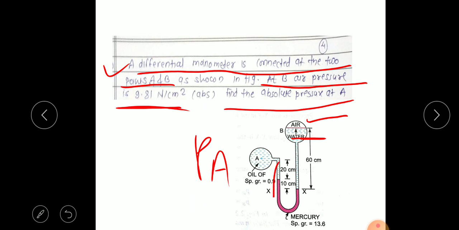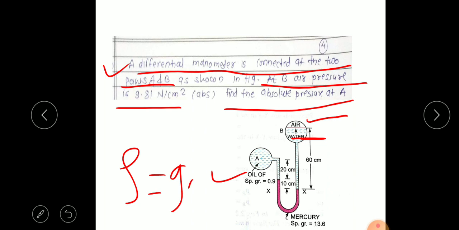So here again a differential manometer is used. The level is different; pipe B is above pipe A. The information given is that the specific gravity of the oil is 0.9, so the density of the oil will be 0.9 into 1000, that is 900.